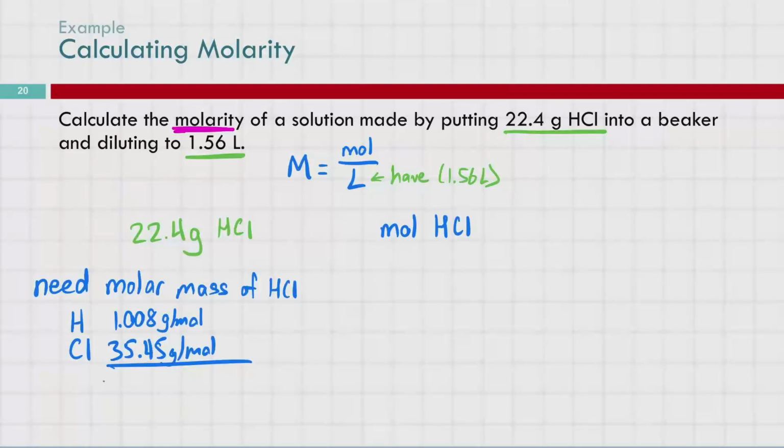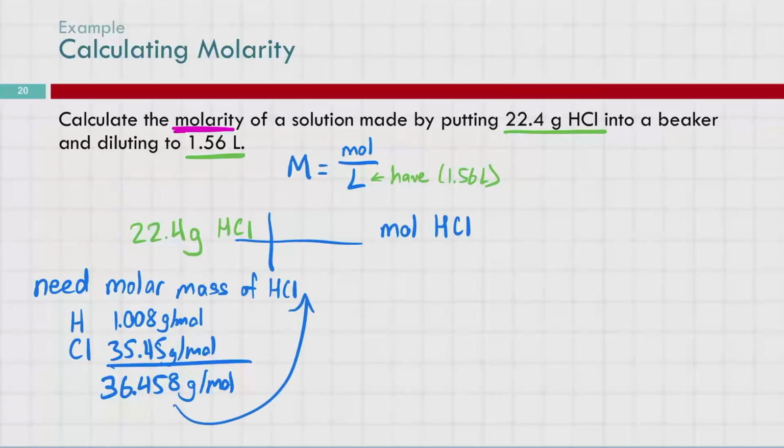So we add them up and we get 36.458 grams per mole. How do we use this to convert? Are we going to multiply or divide? We're going to divide, so the 36 grams goes on the bottom and the 1 mole flips to the top. We'll add the HCl labels on there.